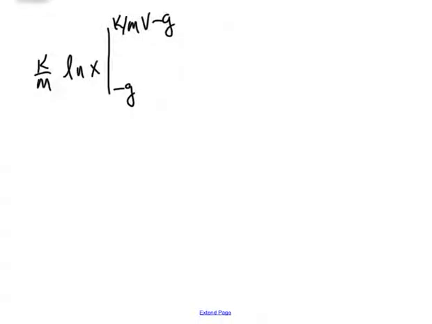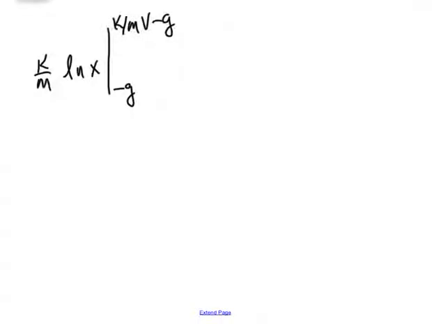This is getting a little messy. So what we have is the natural logarithm of x evaluated at minus g and at k over m v minus g.